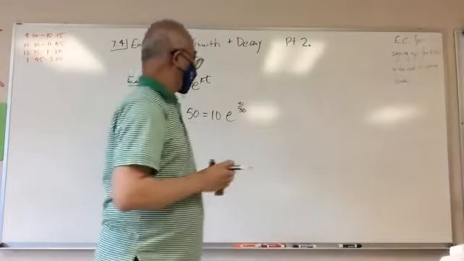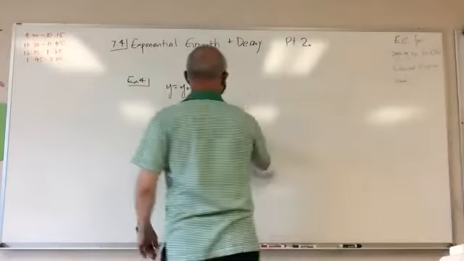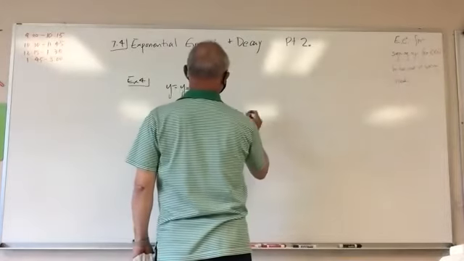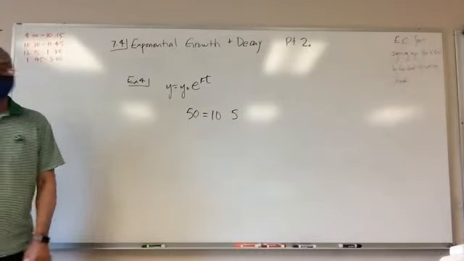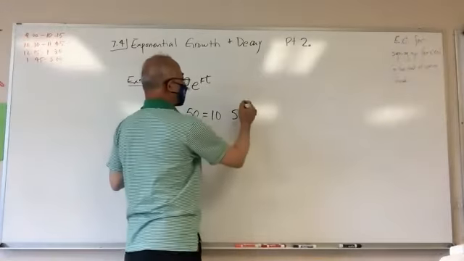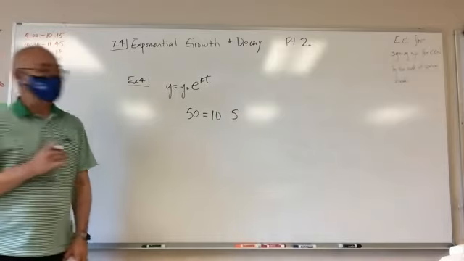But would it be K? No, it wouldn't be E. So we would rather do 5. So I'm going to choose the base as being 5. I can choose the base to be whatever I want because all that does is change the K associated with that.